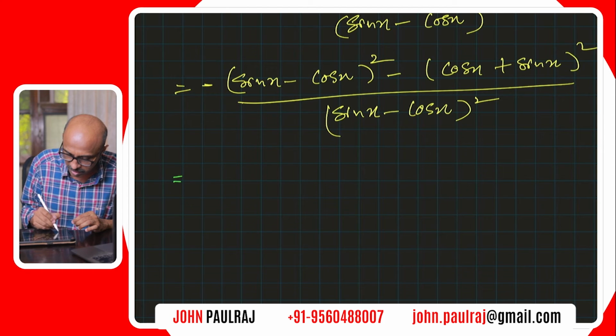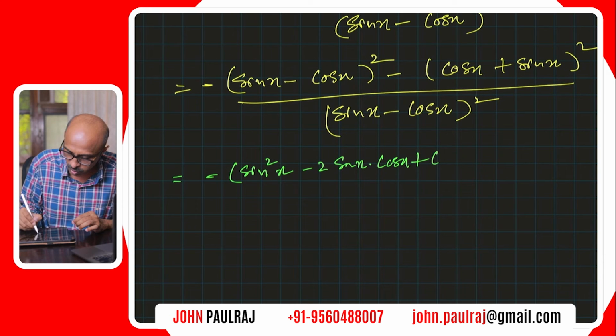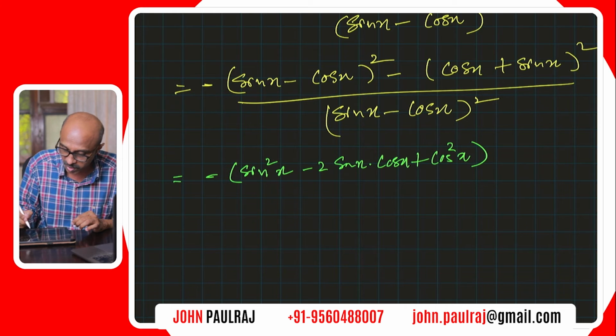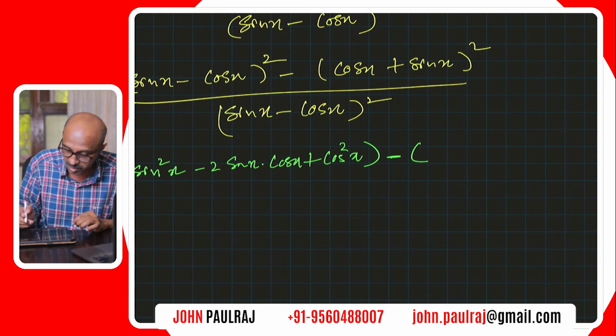This becomes the numerator, there's a negative sign, and inside the first bracket, we can open the bracket and say that sine square x minus 2 sine x cos of x plus cos square of x. That's just the first bracket, okay? That's using the formula a minus b the whole square. Minus, doing the same thing for the second bracket, we've got a plus b the whole square.